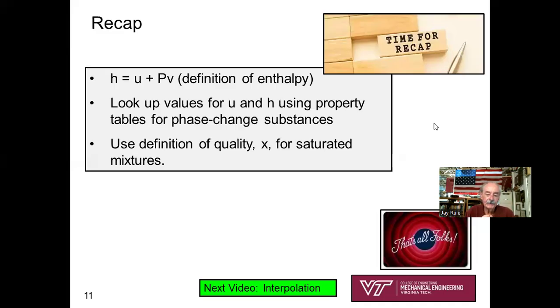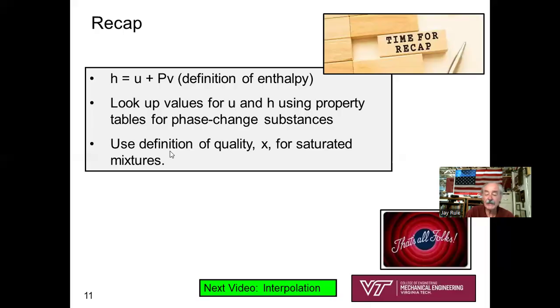Okay, we've come to the end of this video on quantifying internal energy and enthalpy. In this video, we defined enthalpy, H. H equals U plus PV. That's something you've got to commit to memory. H is U plus PV. It's just a definition. I tried to show you how to look up values for U and H for phase change substances, and the approach you take depends on the phase you have.